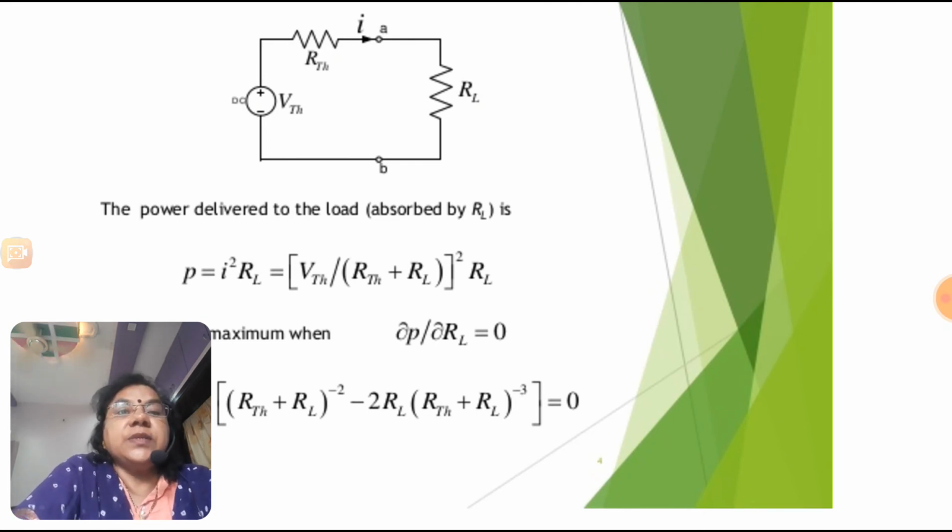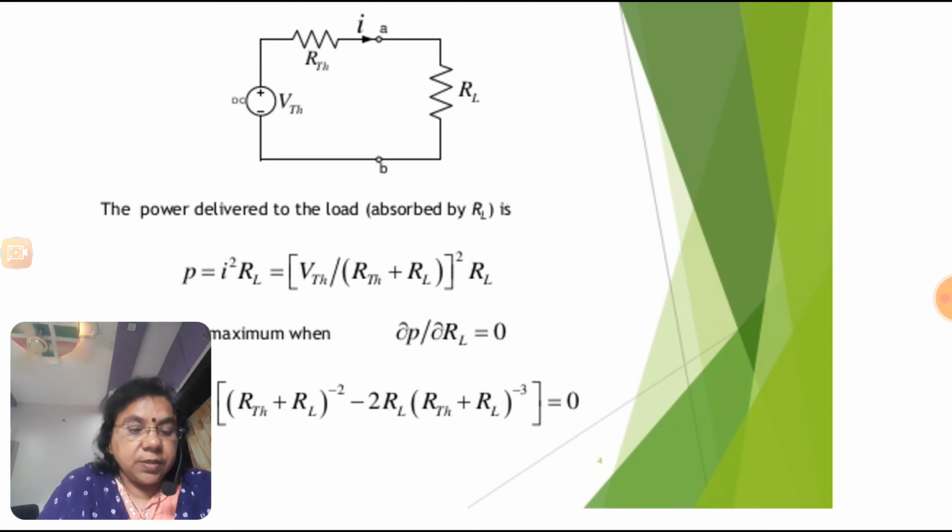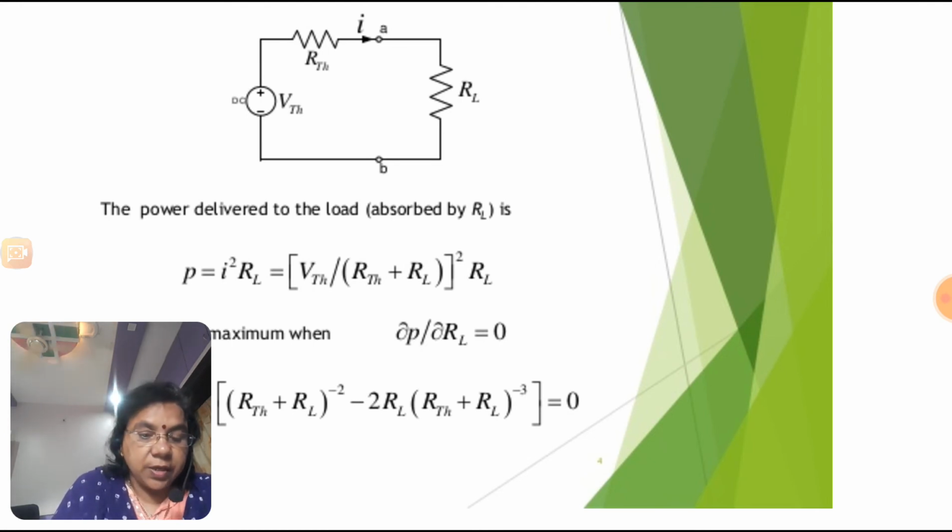Now this is the simplest circuit. In this circuit, RTH is the internal resistance of the voltage source, RL is the load resistance, and VTH is the applied voltage. As shown in the figure, the load resistance RL is connected to the voltage source VTH with internal resistance RTH.